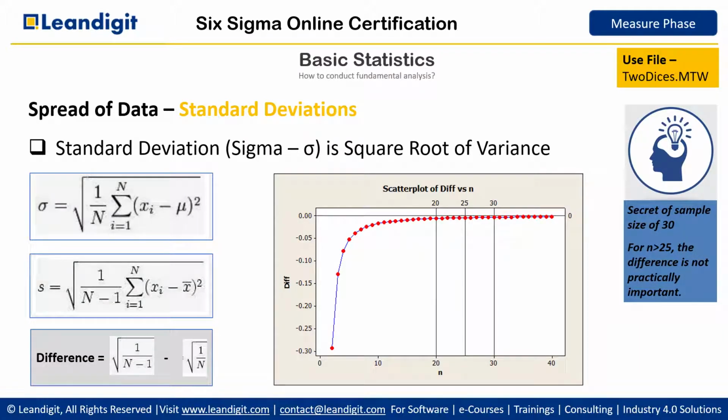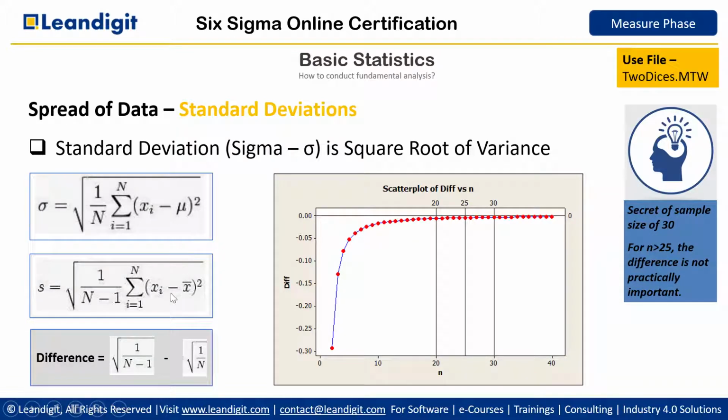So let us try to understand standard deviation a little more. The formula for standard deviation will be 1 by n. For population it is 1 by n, and we are doing summation of x minus mu square, and it is square root of. So it is just square root of variance.